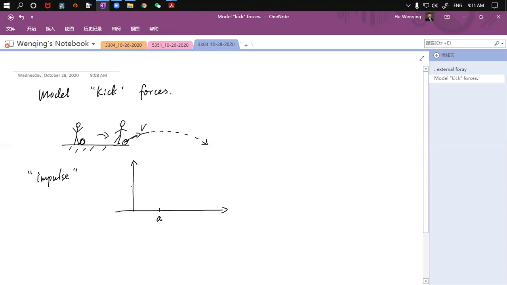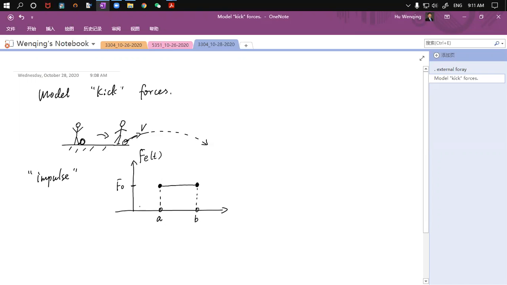But starting from point A, the force is going to look like F0, and it interacts with the ball for a certain period of time until you reach the point B. You take away your foot, and the interaction just stops. This describes the external forcing.